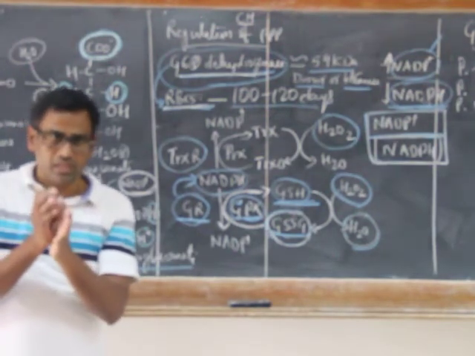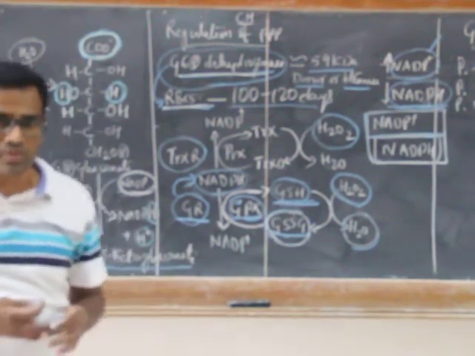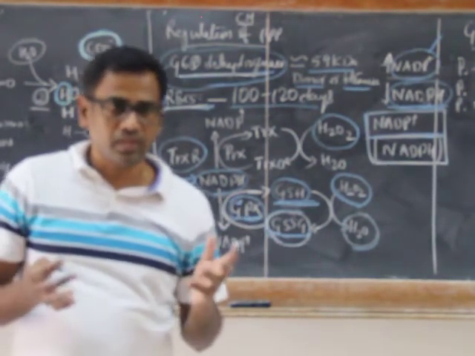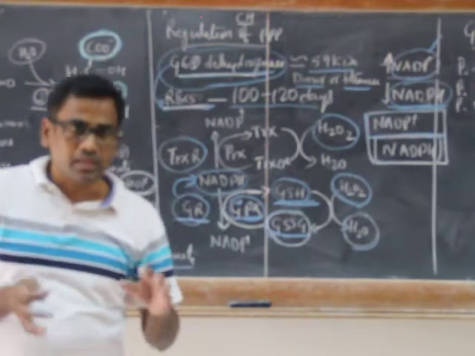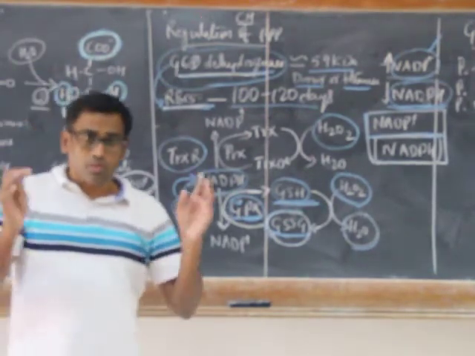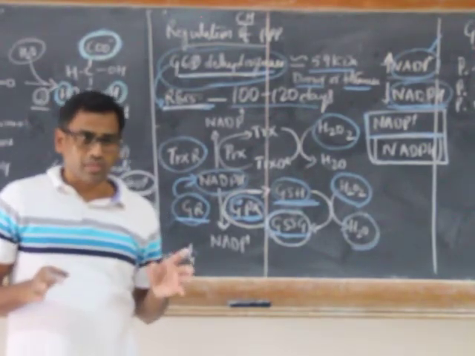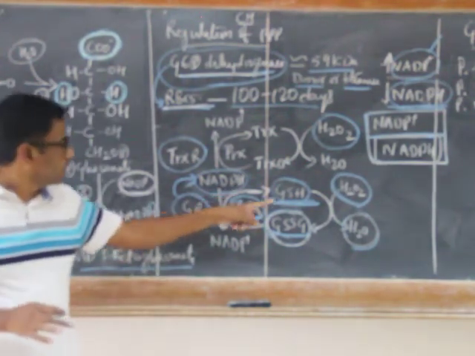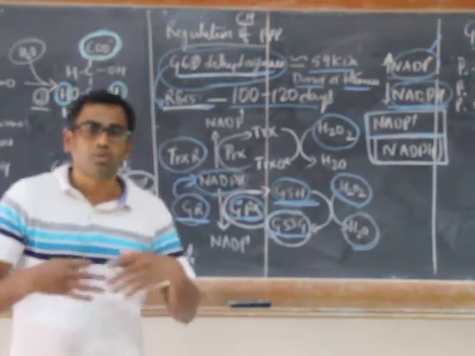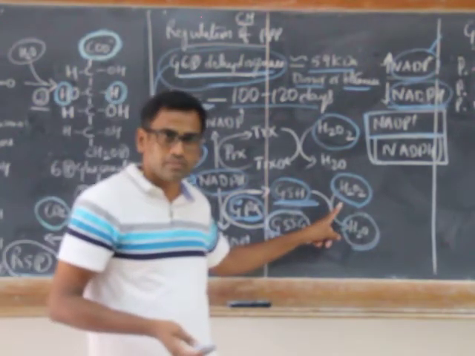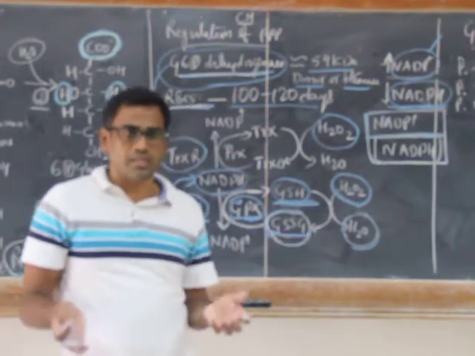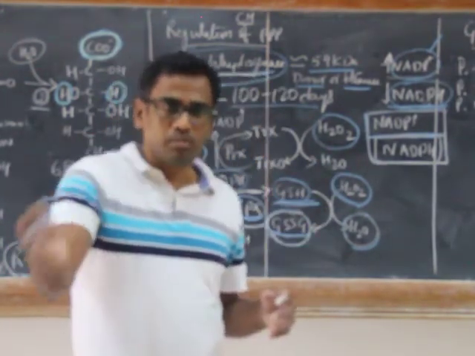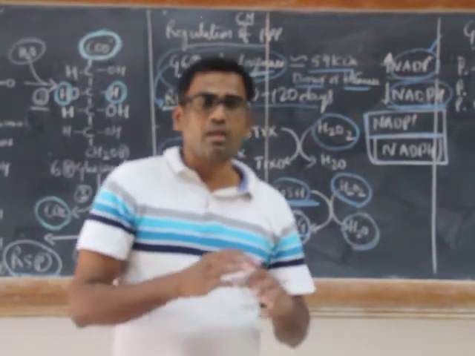Just imagine the deficiency of glucose 6-phosphate dehydrogenase in the RBC. What happens? Because that is the only source of generation of NADPH, there is no reducing agent to quench H2O2. There will be accumulation of peroxides. That accumulation of peroxides converts hemoglobin to methemoglobin and damages the membrane.